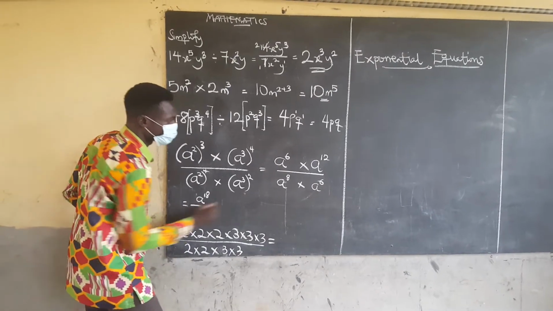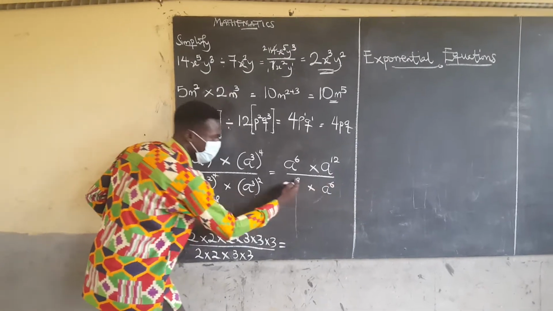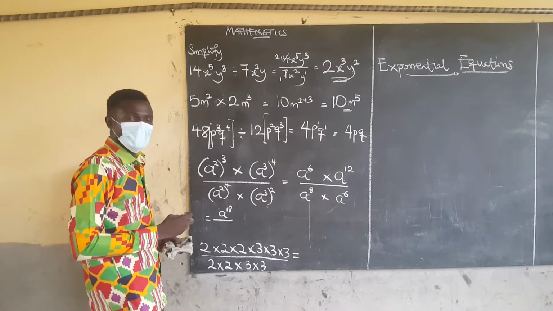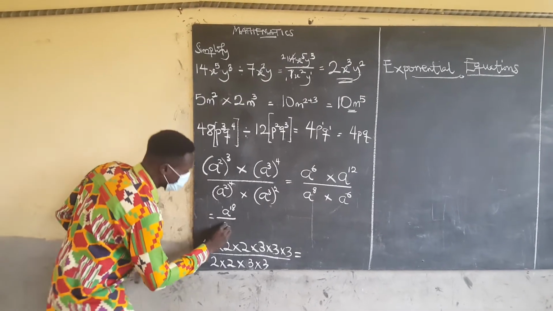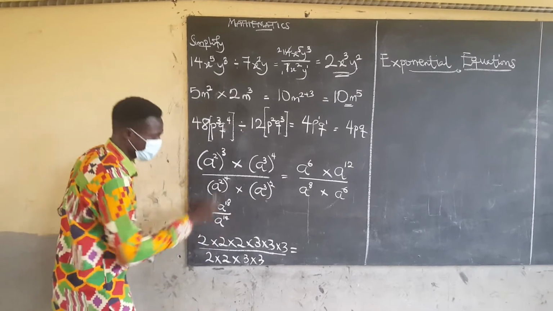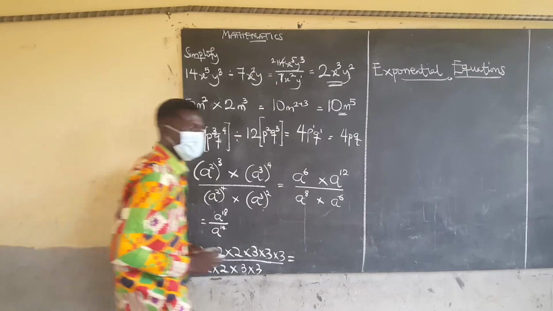All over. You are multiplying. Bases are the same. Add the powers. 8 plus 6 will also give me 14. So a raised to the power 14. So I'll be able to simplify all this as this.